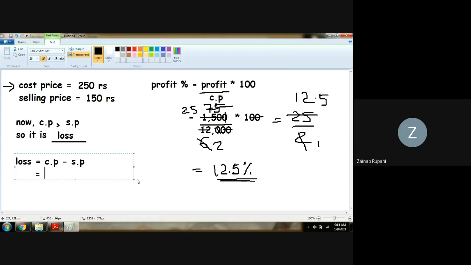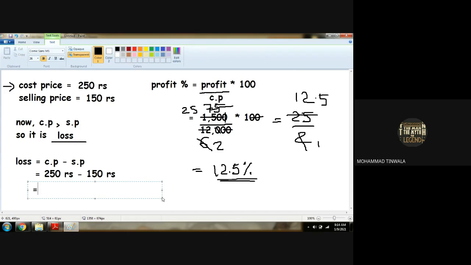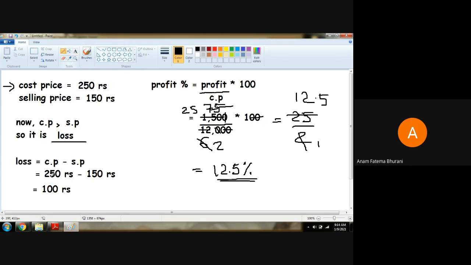What is the cost price over here? 250 rupees minus 150 rupees. So the loss is 100 rupees. Got it? This is the half sum we did.